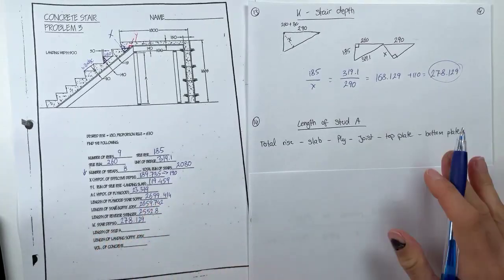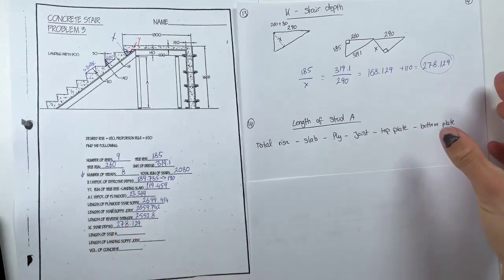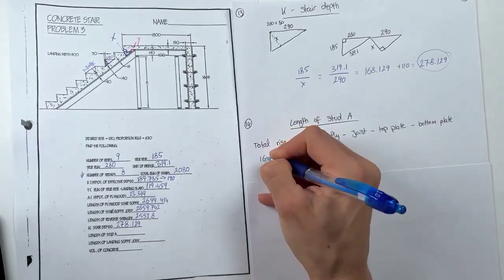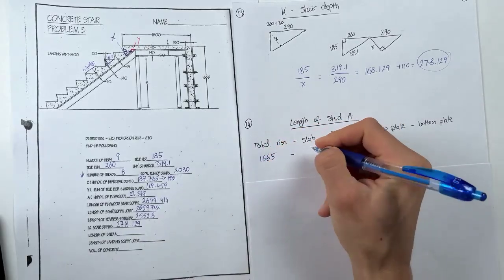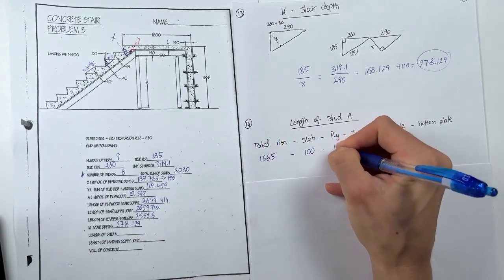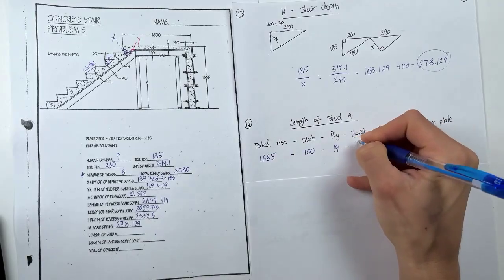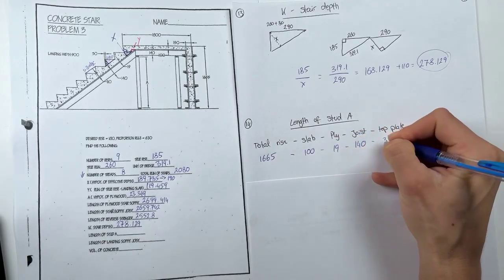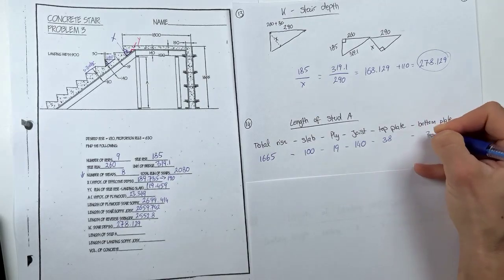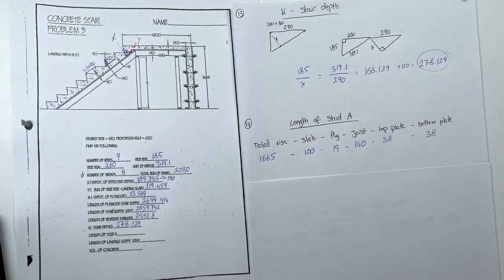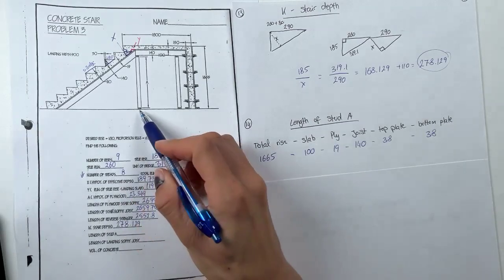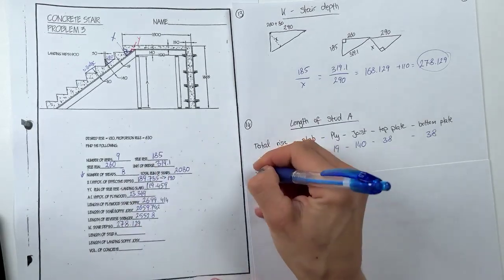So let's pop in those numbers. Total rise, 1665, minus the slab of 100, minus the ply of 19, minus the joist of 140, minus the top plate, minus the bottom plate, both at 38. And that's just regular old 2x4, right? The 2 by the 38 is that measurement.